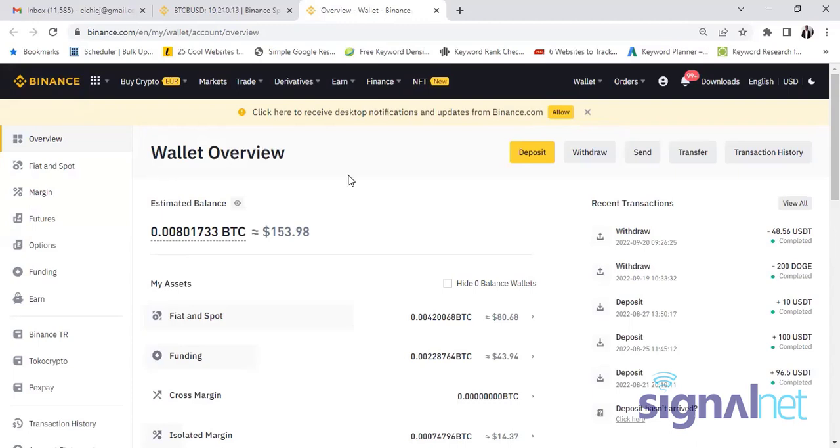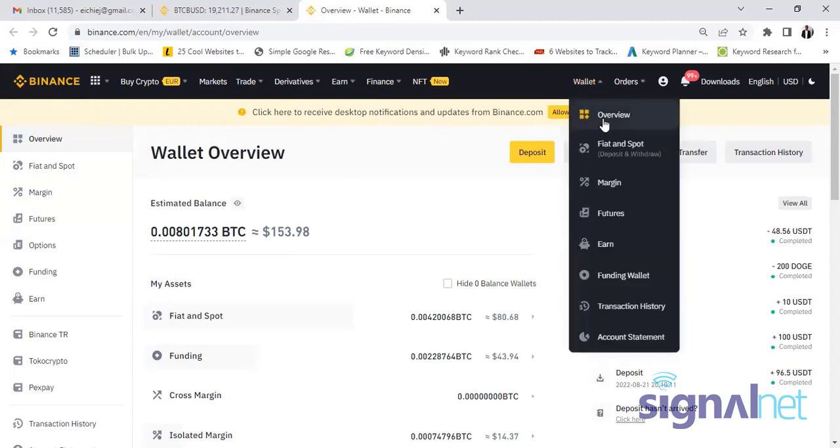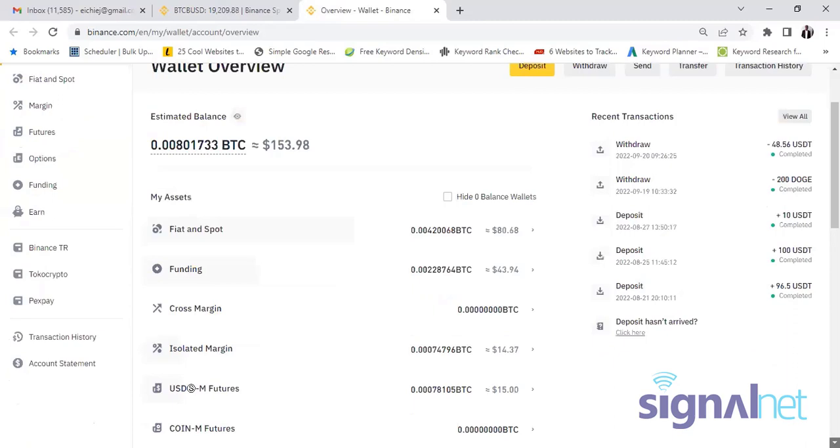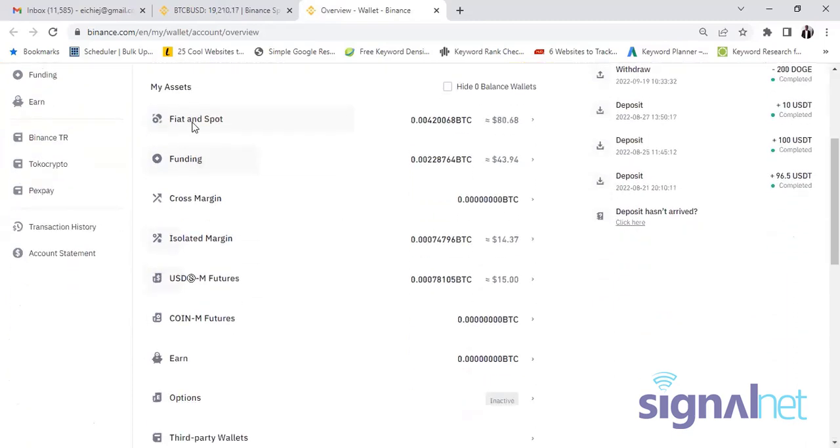Now, the way I got here is I went to wallet, I went to overview. Under the overview, you'll see fiat, funding, cross margin. Now, when you buy cryptocurrency or any of such things, usually your money just comes to the fiat or spot.